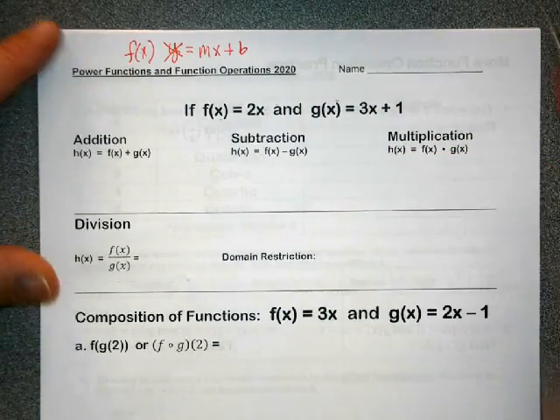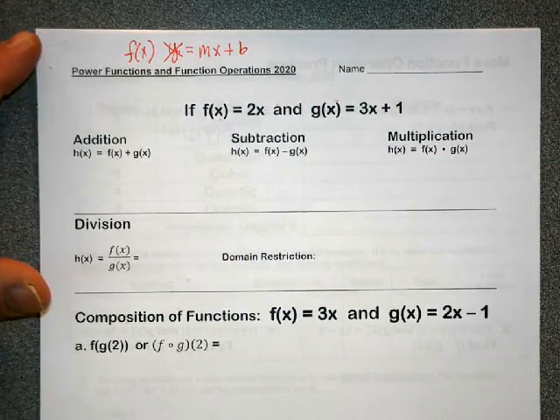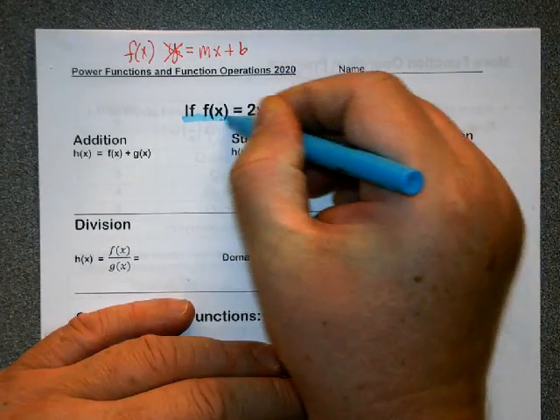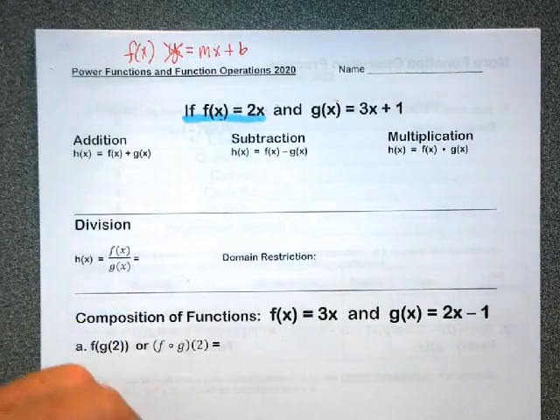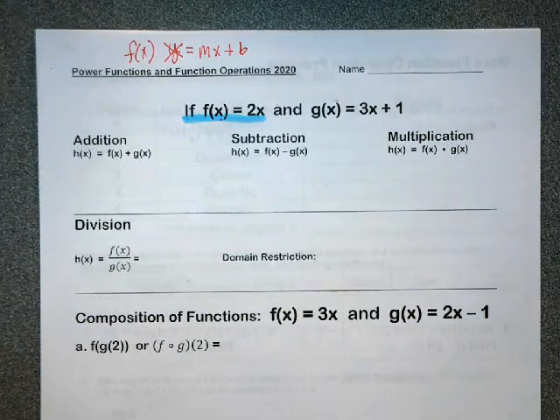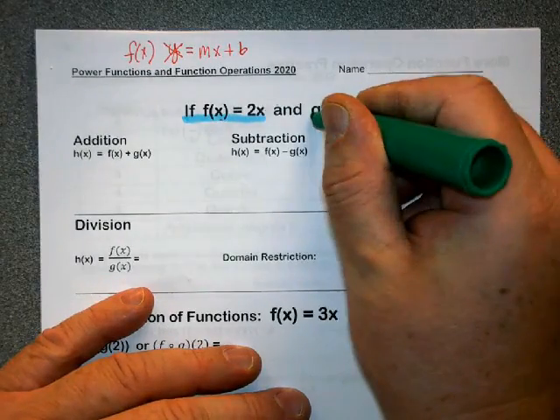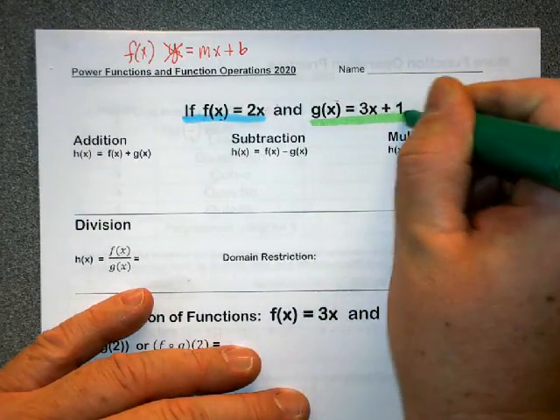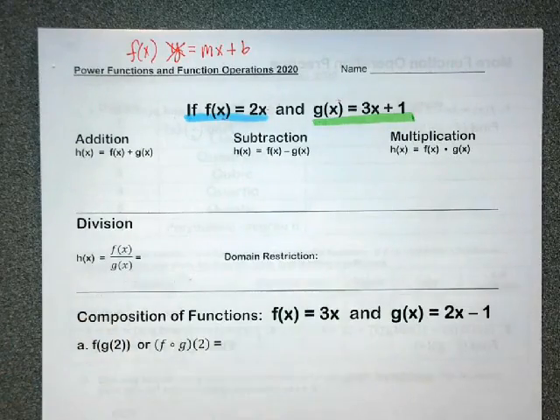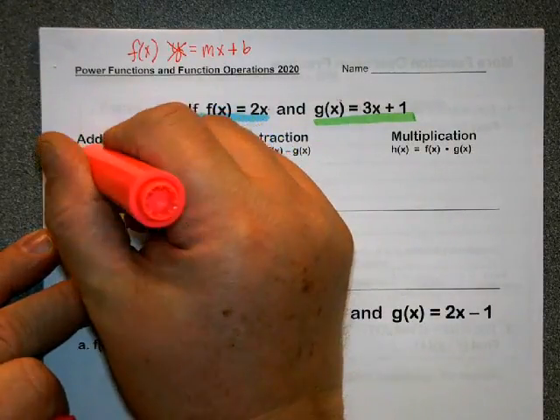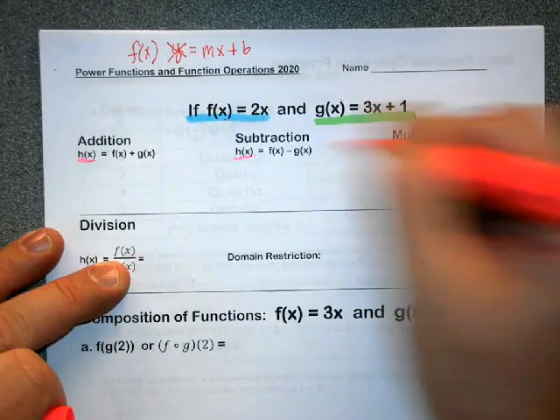In this case, we have the f of x, and then we've got the g of x. So when we apply our mathematical operations, addition, subtraction, multiplication, and division, we create a new function, and we usually call that new function the h of x. Not all the time, though, so you've got to be careful.